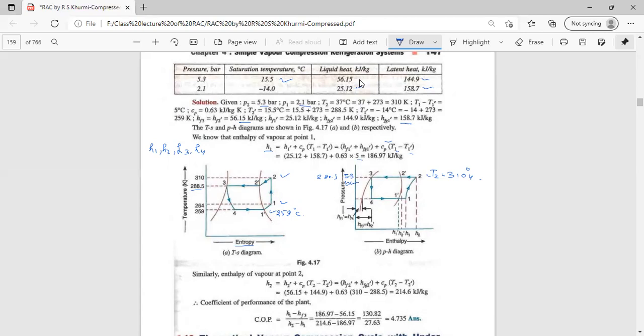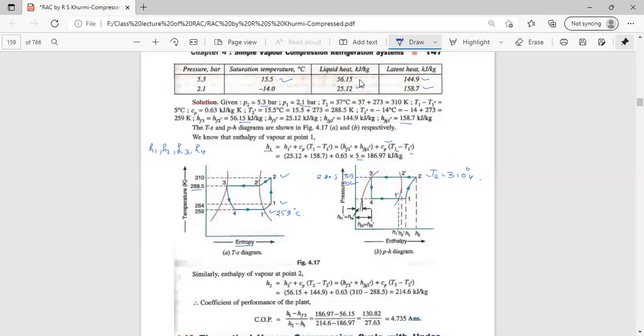Here we assume that the total refrigerant is converted from liquid to gaseous and reaches point 1 dash itself. So 25.12 plus 158 plus 0.63 times 5 is equal to 186.96.